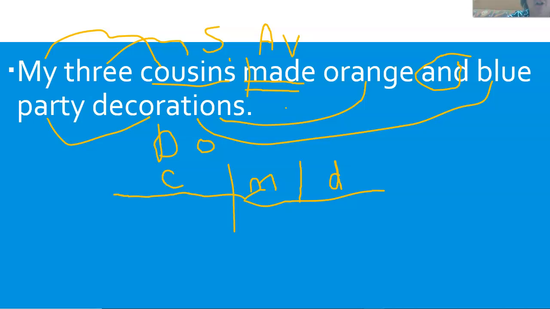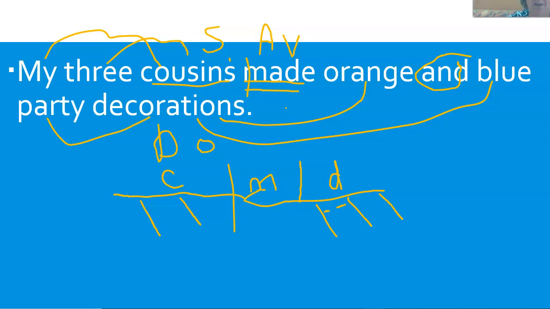All right, so we should have 2 lines under cousins, and we should have 3 lines under decorations, and then we should also, because it's part of the adjectives, have a dotted or slashed line.